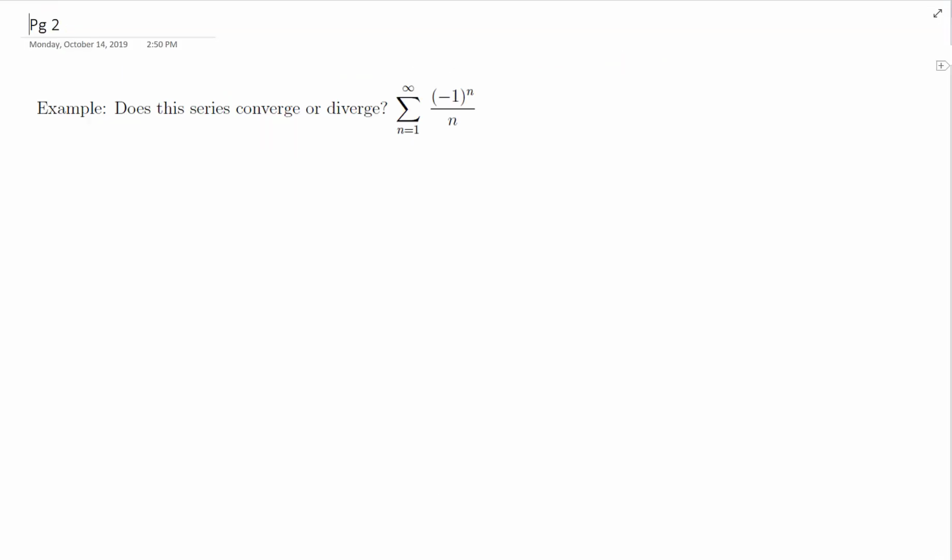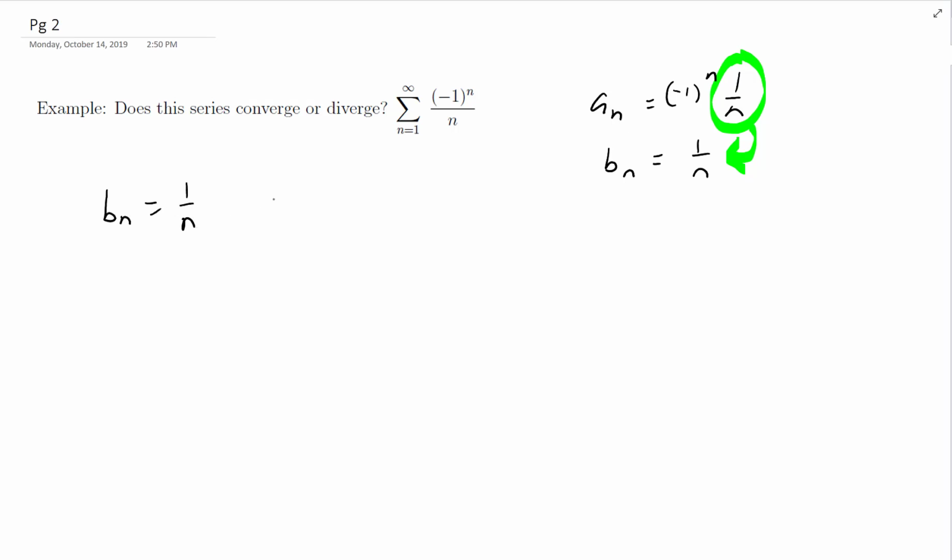Now, our first example asks, does this series converge? If we look at this, our a_n is (-1)^n times 1 over n, which says our b_n is 1 over n. So the alternating part is the (-1)^n, and our b_n is the 1 over n. We look at our b_n's and ask, is the limit as n goes to infinity of 1 over n equal to 0?